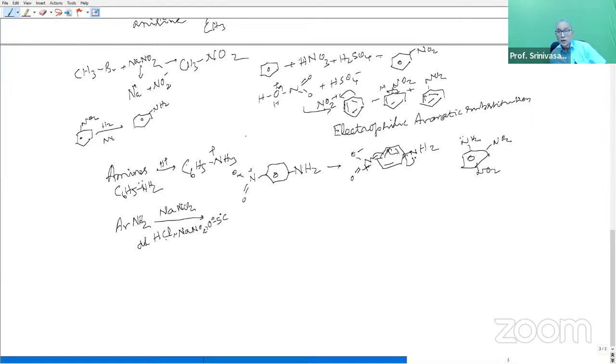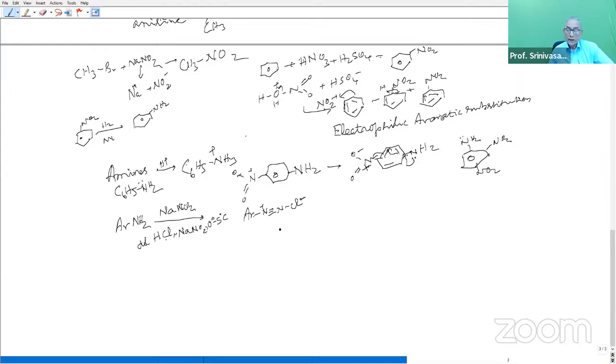This reaction is called diazotization. It changes the amine to diazonium chloride.